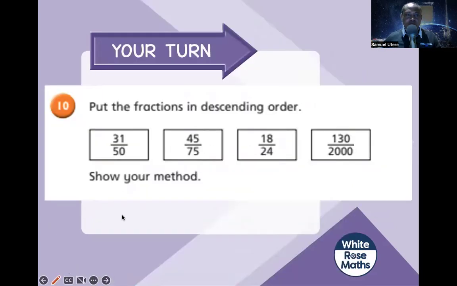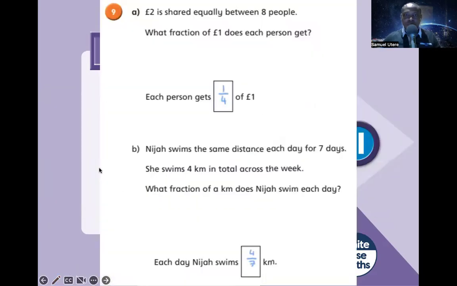So let's write it down. So 2/8. Now this is for £2. Now we want to find what fraction of £1 does each person get. So if we reduce this to £1, it means we need to divide by 2. So our fraction will be a quarter.